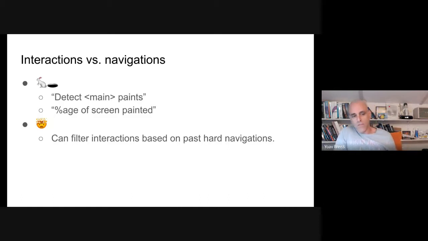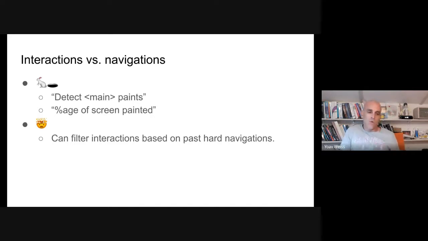Then another thought was to look at the percentage of the screen painted, but that naturally creates weird cliffs where if you paint 48% of the screen, that is not a navigation, but if you paint 49, that is suddenly becoming a navigation, and that causes weird bimodal effects.